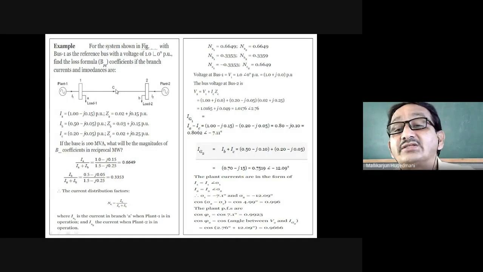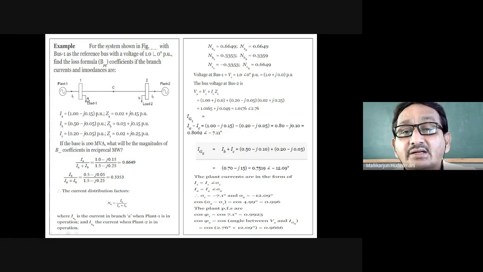This you have to understand first. ZA is the impedance of the line delivering load part 1. ZB is the impedance of the line delivering load part 2. There are two loads. Total load is load 1 plus load 2. Part of the load is delivered via the path ZA, and the second part via the path ZB.